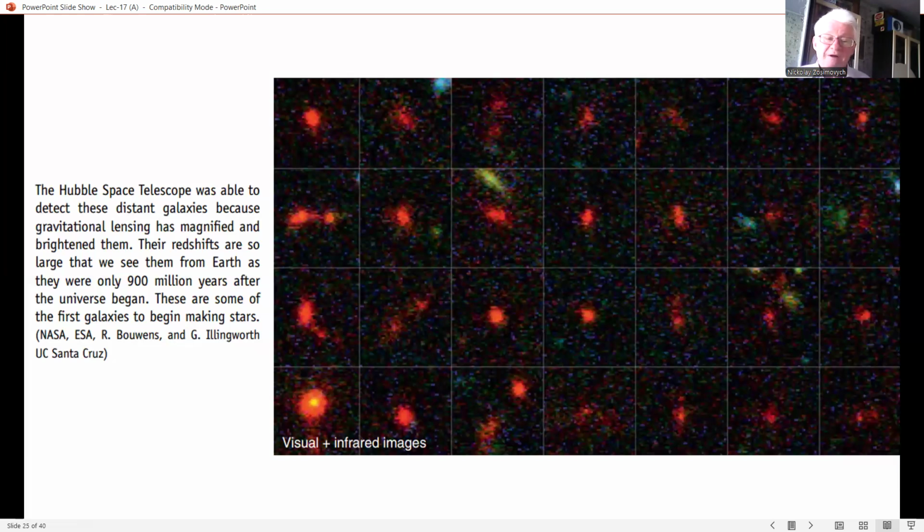In the deep fields recorded by the Hubble Space Telescope, astronomers see faint red galaxies, as you may see in this slide. They look red because of their great redshift. The floods of ultraviolet light emitted by these star-forming galaxies have been shifted into the far red part of the spectrum.